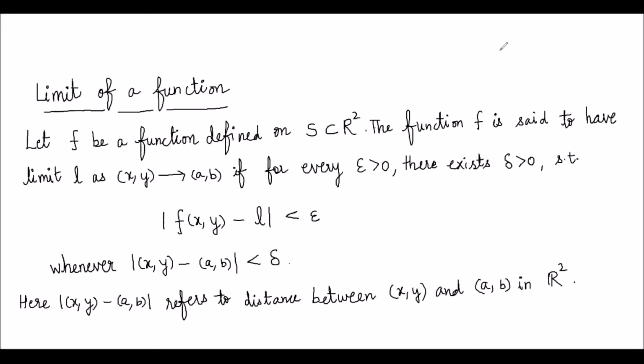Then we say that this function f is said to have limit L as the ordered pair (x, y) is approaching the point which is the ordered pair (a, b). Means we are talking about the limit of this function at some point, the ordered pair (a, b), and that limit is L.